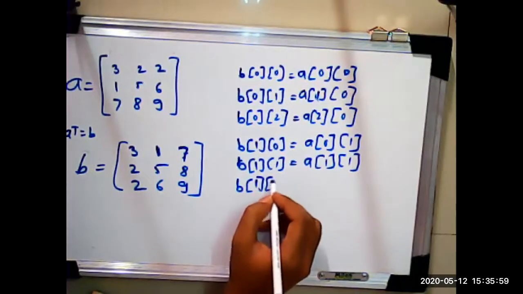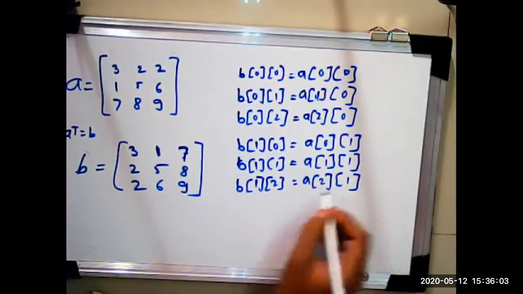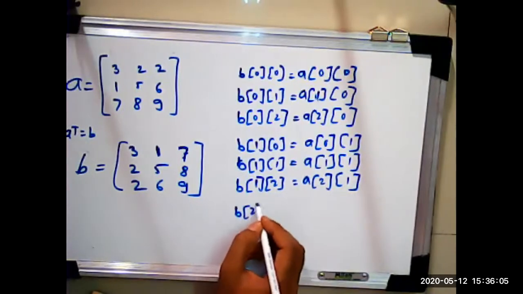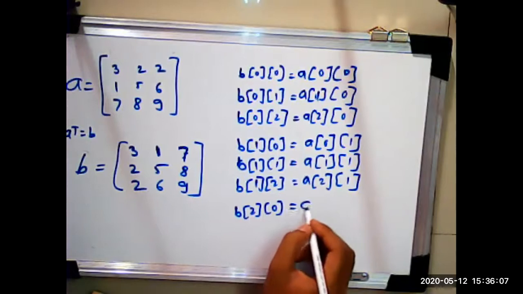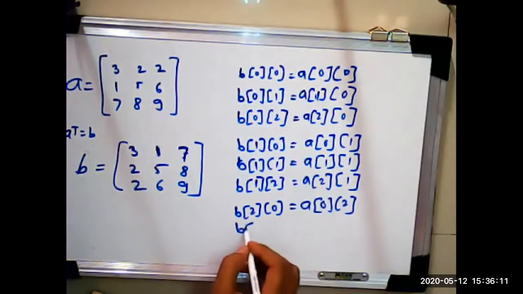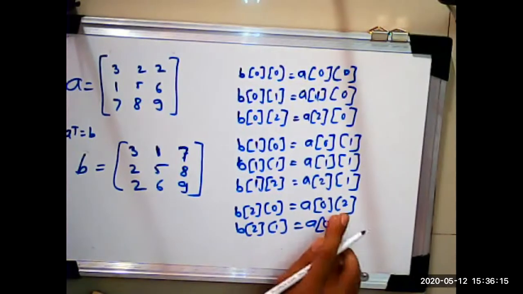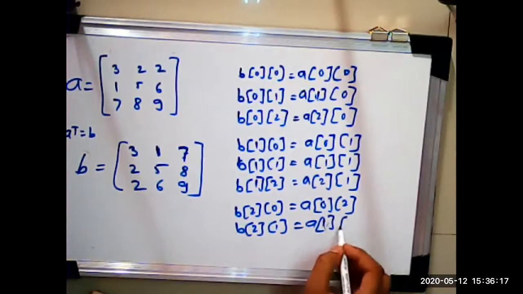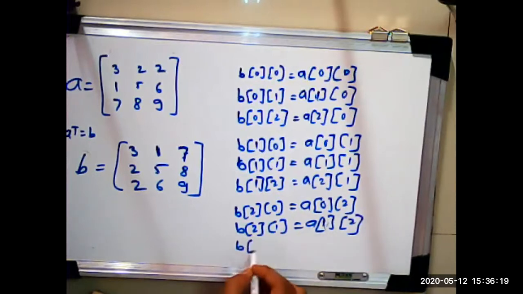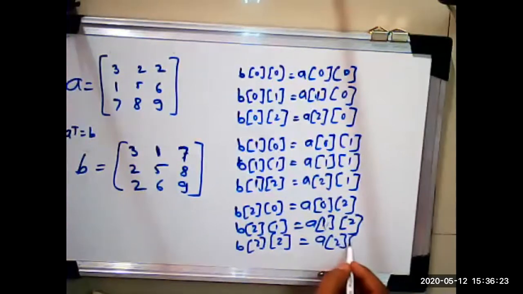Then 1 2 you will get at 2 1. Similarly 2 0 you will get at 0 2. 2 1 you will get at 1 2, and again 2 2 you will get at 2 2 only.